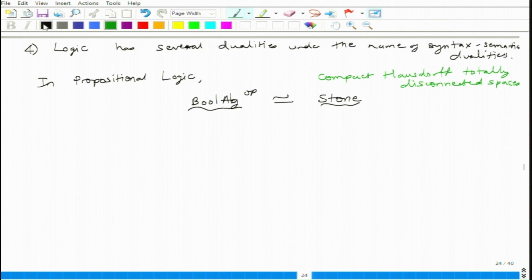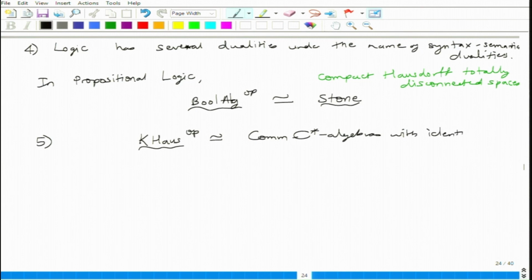More generally, if we want to go slightly outside, then this particular category will also be important: the category of compact Hausdorff spaces. I'm just going to call it K-Haus. Compact Hausdorff spaces is dual equivalent to the category of commutative C-star algebras with identity. So operator algebras, C-star algebras.